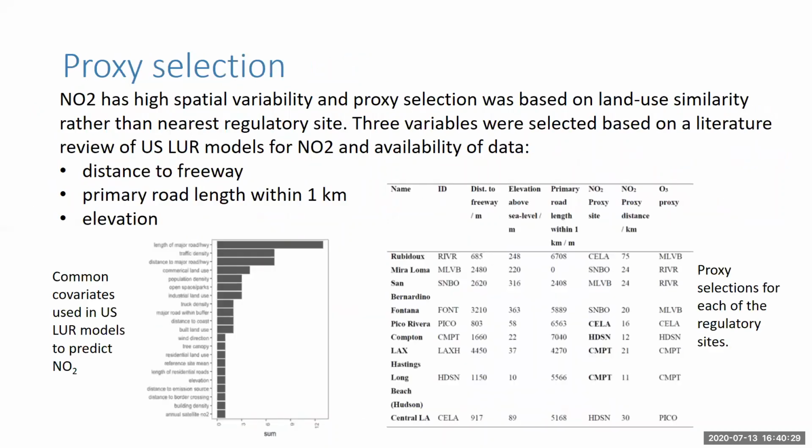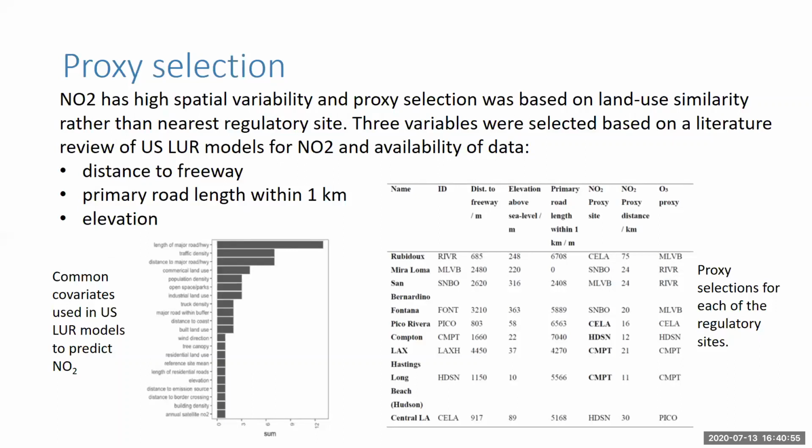The first step in the MOMA process is to define the proxy stations for each of the co-located AQIs. NO2 has a high spatial variability, and so proxy selection was based on land use similarity rather than the nearest regulatory site. 3 variables were selected based on a literature review of US land use regression models and also the availability of data.